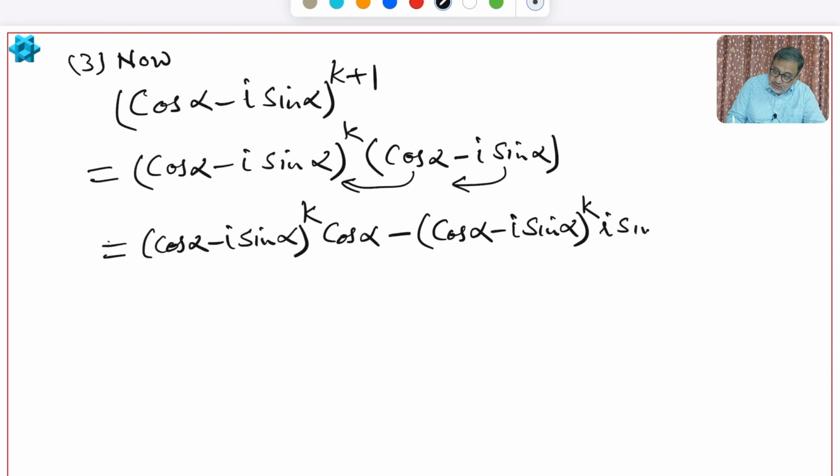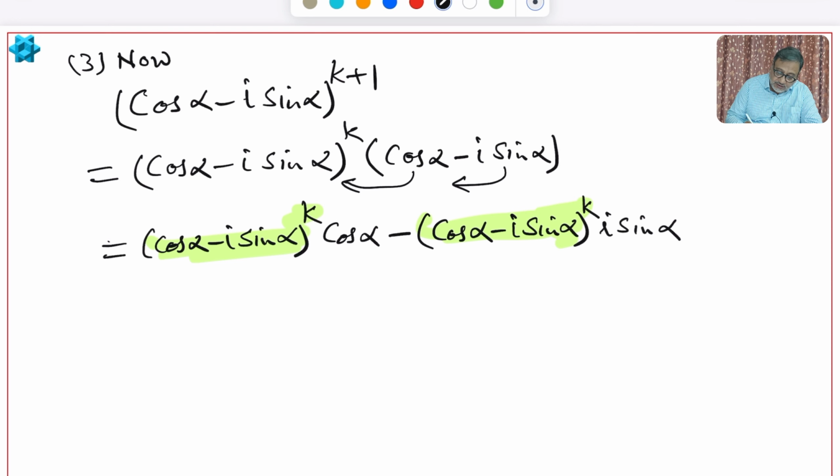Each one of them, minus sign will be in the middle. Then, look here, this one we know by the method of mathematical induction from step 2.